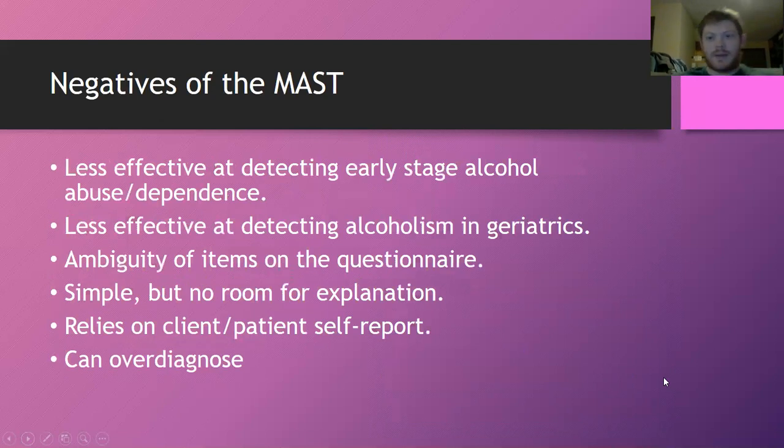Some of the negatives of the MAST. So there's actually a fair number. It's less effective at detecting early stage alcohol abuse or dependence. So while it's very accurate and reliable and valid when looking at someone who has a more severe alcohol problem, it tests very highly for that.